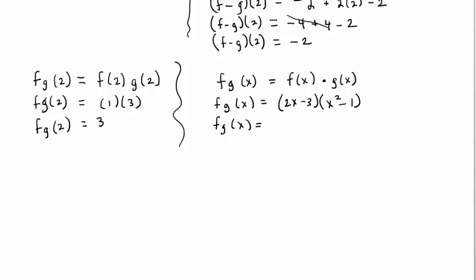Okay, I'm going to multiply 2x times both the terms in the second binomial, and then I'm going to come back and I'm going to multiply negative 3 by both the terms in the second binomial. All right, so 2x times x squared. Well, that's going to be 2x cubed.